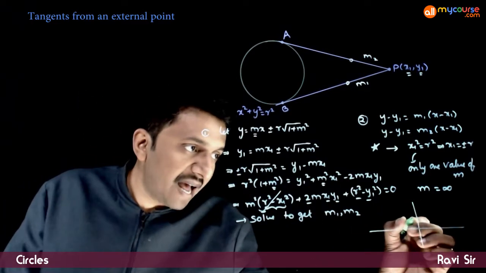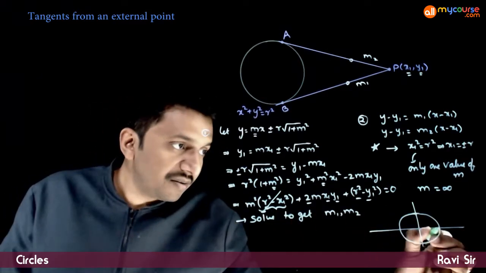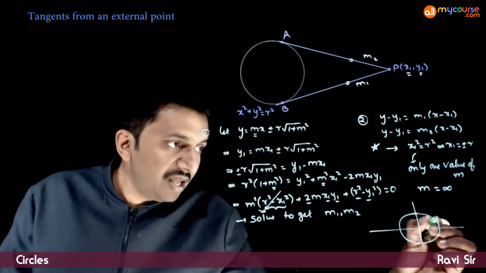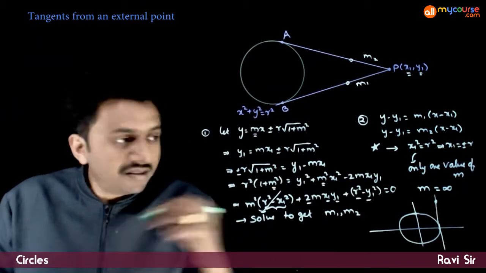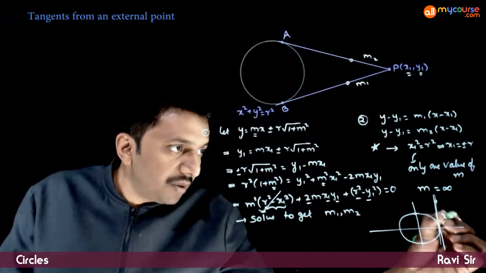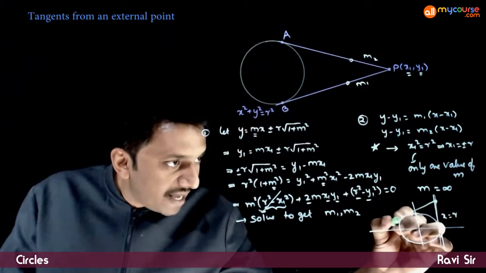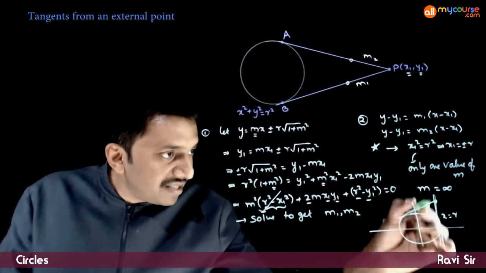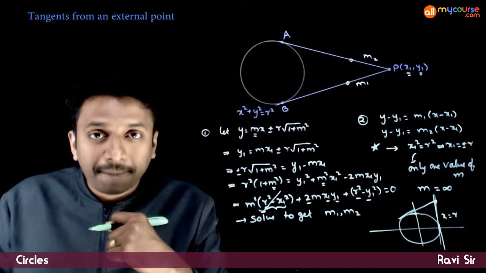For example, if you have a circle x² + y² = r², and you take any point on the vertical line x = r, you get one tangent like this and the other tangent is vertical. A vertical tangent means m is infinity.